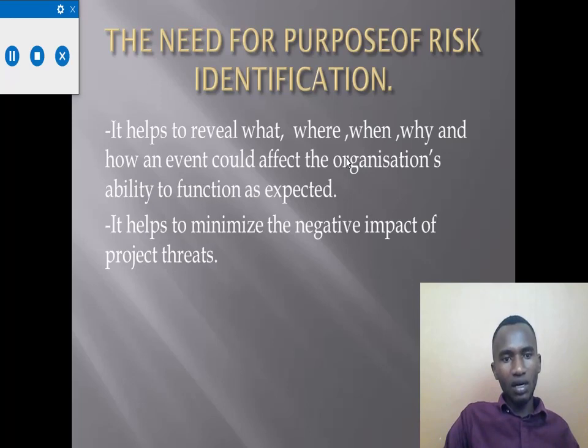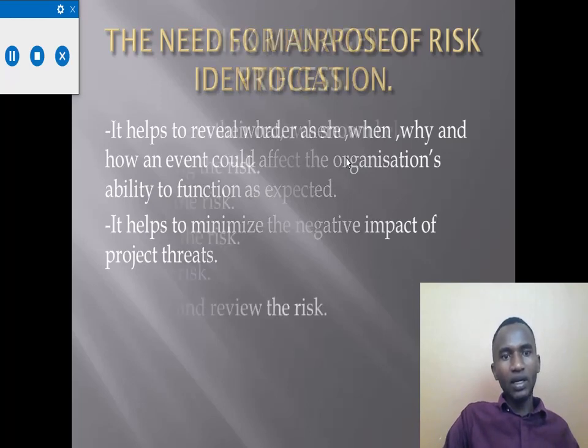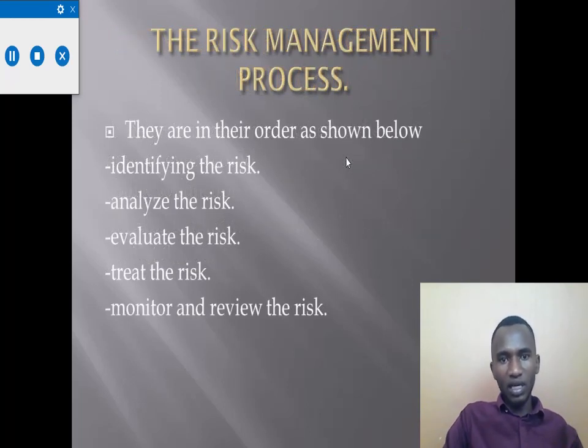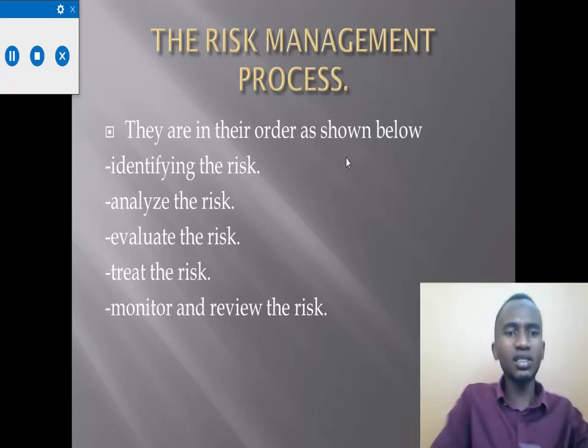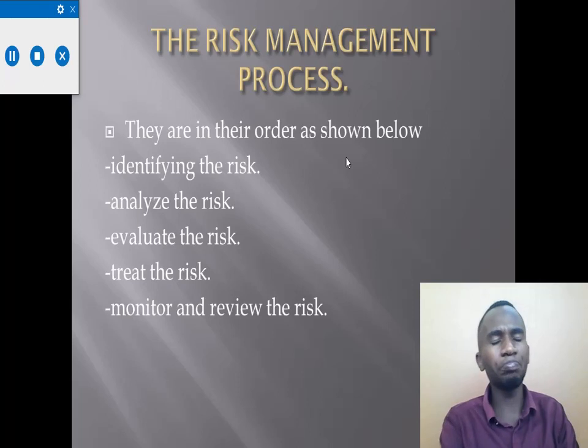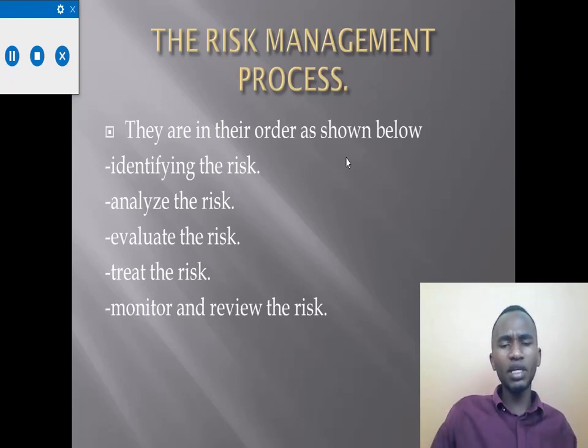Then as I take you to the next slide, it is asking about the risk management process. This is the action, the things you do as an individual, as someone who is taking up the risk. And this process is in order.